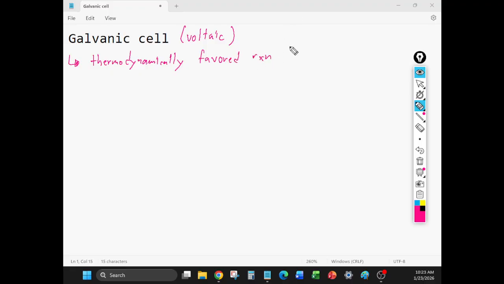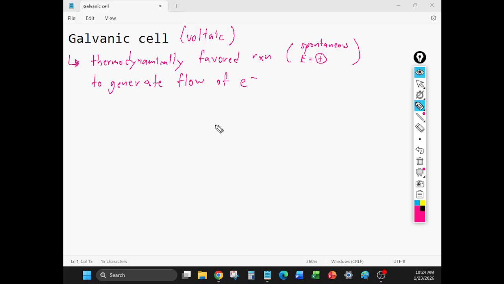So basically, it is spontaneous, which we just learned means the electrical potential should be a positive number. It uses a thermodynamically favored reaction to generate a flow of electrons. So basically, you use a spontaneous reaction to make electrons move, and that creates a current. It basically makes electricity.